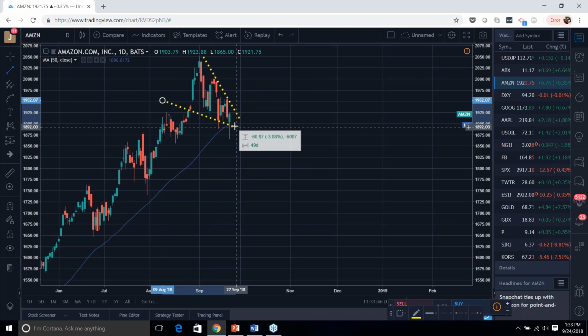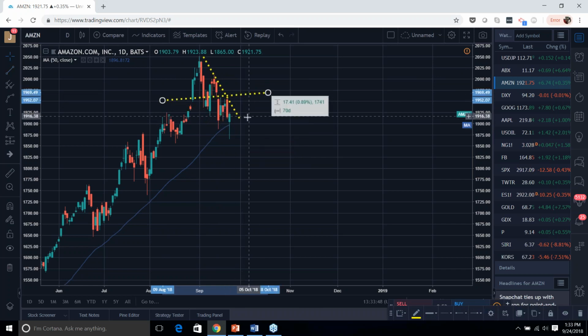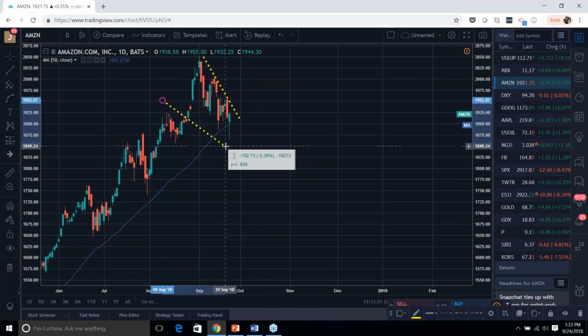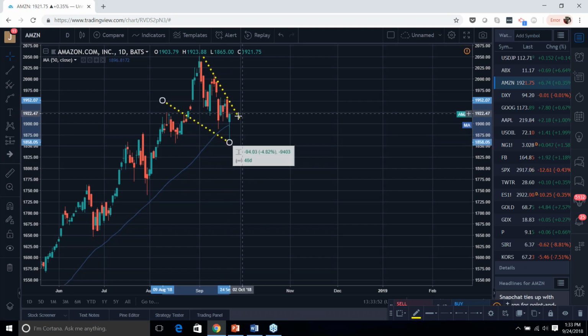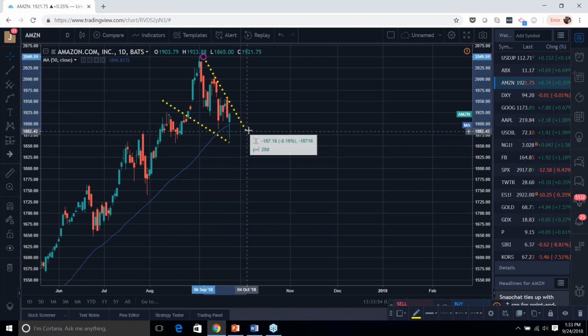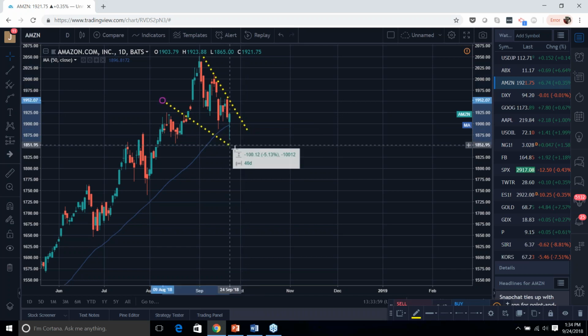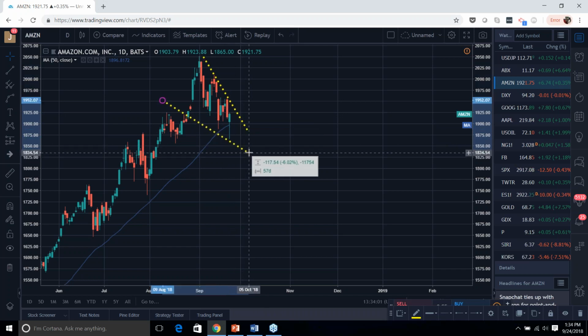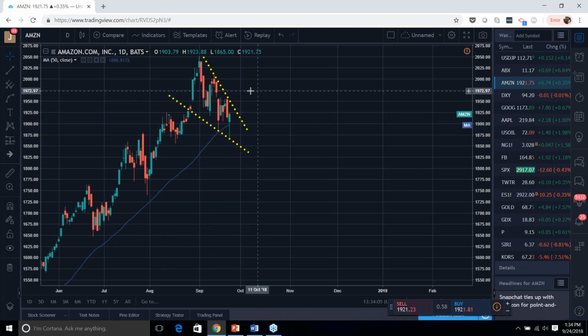We go by the wicks here, but you guys can kind of see the falling wedge pattern start to set up. Remember, falling wedge is thought of as bullish.